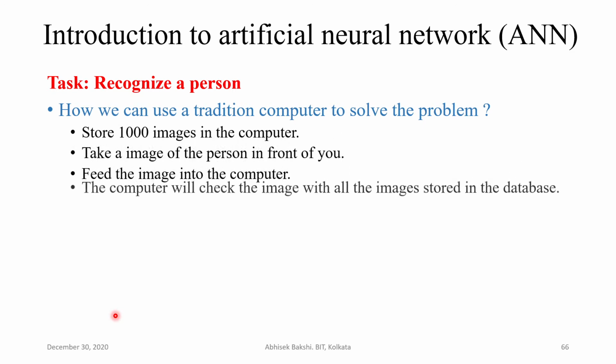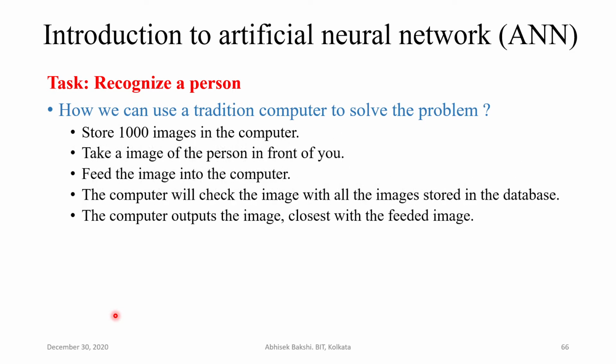Suppose that there are a lot of images stored in a computer, maybe 1,000 or 10,000, some large amount of images, and one image of the person will be given to the computer.